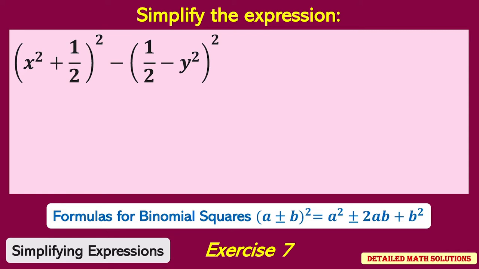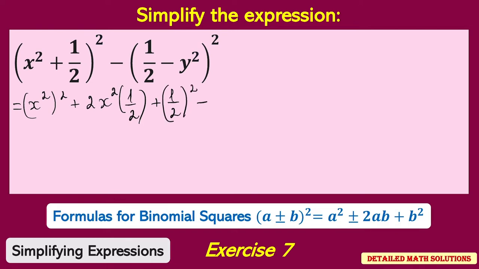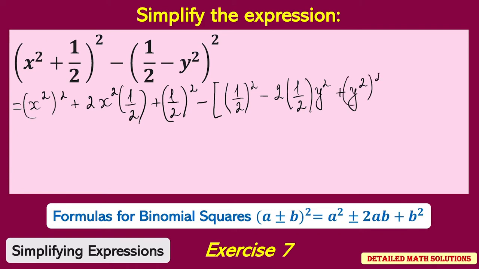Therefore, when I apply the formulas to each binomial square, this expression equals (x²)² + 2 times x² multiplied by 1/2 + (1/2)² − [(1/2)² − 2 times 1/2 multiplied by y² + (y²)²].